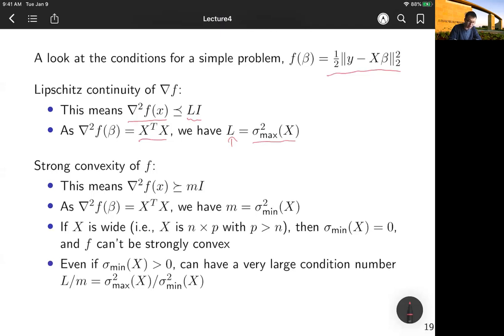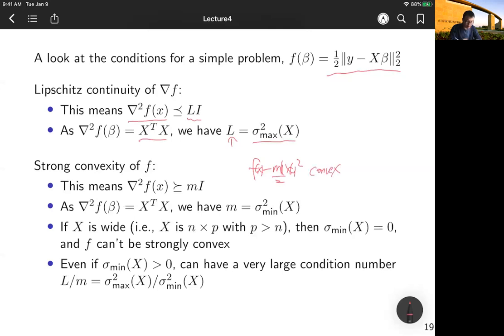On the other hand, the strong convexity of a function f actually measures, in some sense, the smallest singular value. Generally, if we say a function is strongly convex, then this function needs to be lower bounded by m times x squared, even as this function needs to be convex.